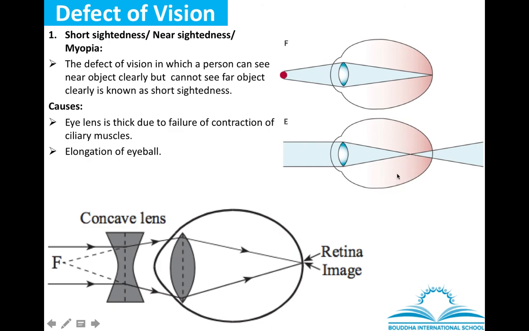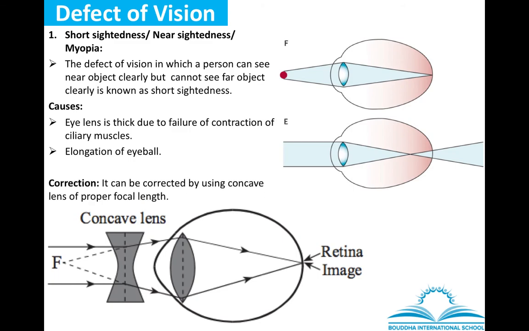But sometimes the size of the eyeball may get bigger, and when it gets bigger, the retina goes back, and because of that also the defective vision is caused.